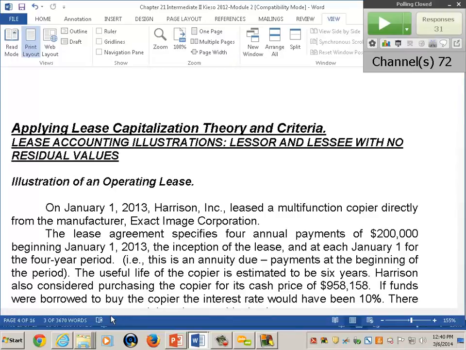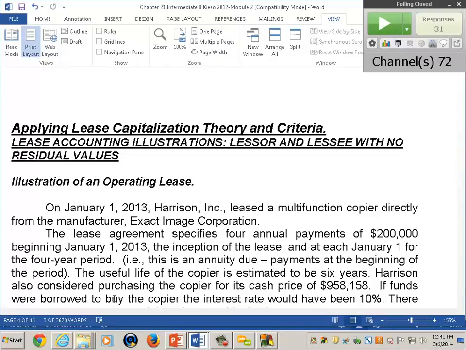The payments are $200,000 at the beginning of each year. The useful life of the asset is 6 years.